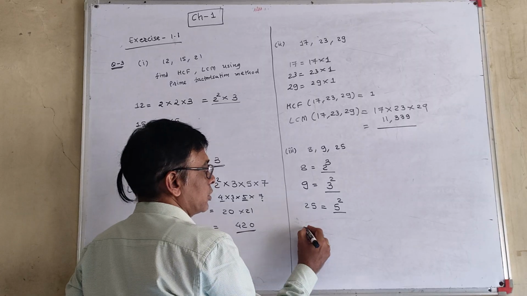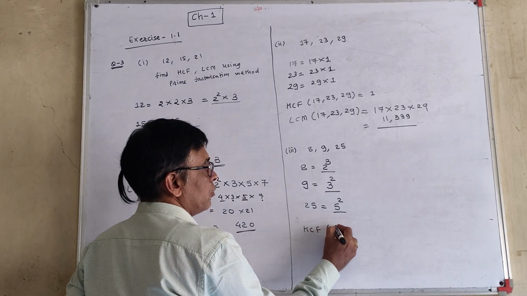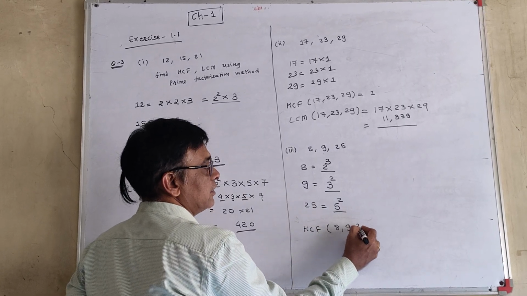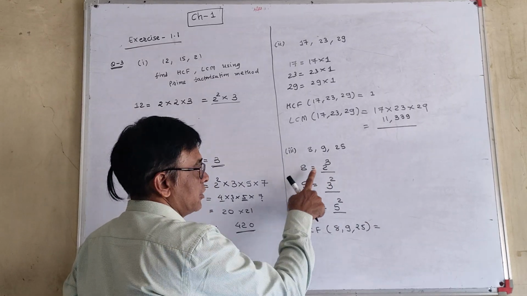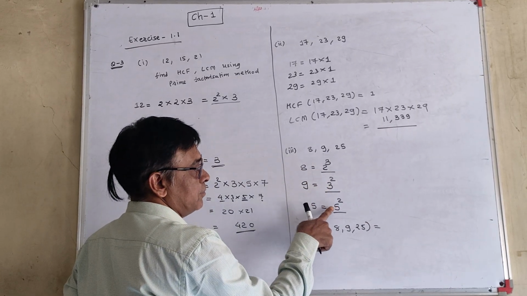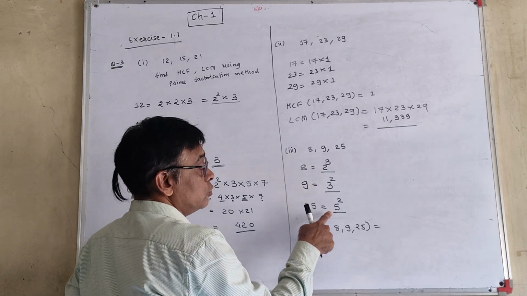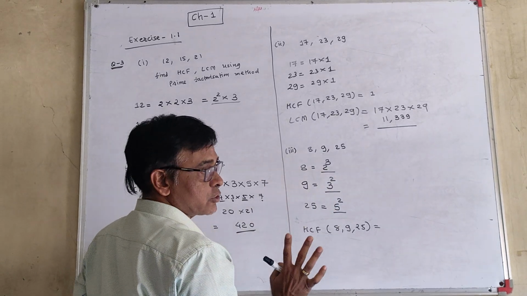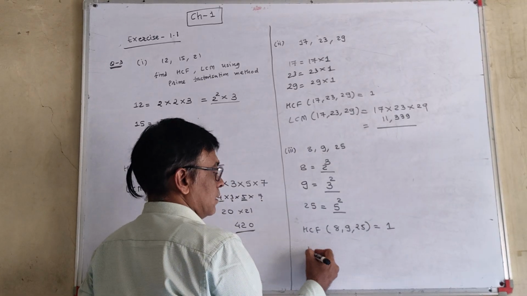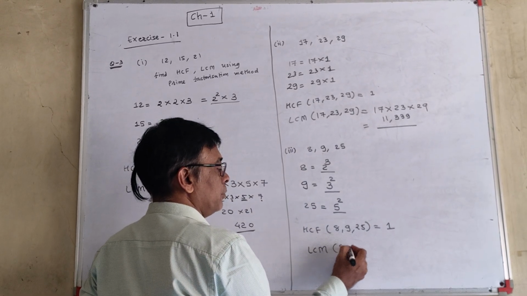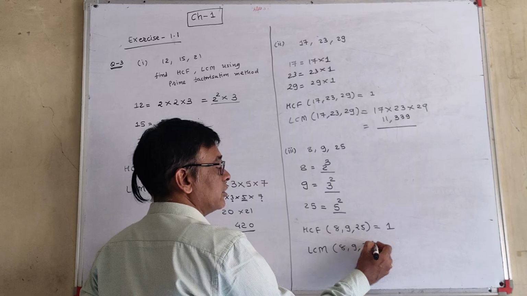Now I will find the HCF of 8, 9, 25. There is nothing common here, only 2, 3 and 5. So no number is common, that means HCF is 1.